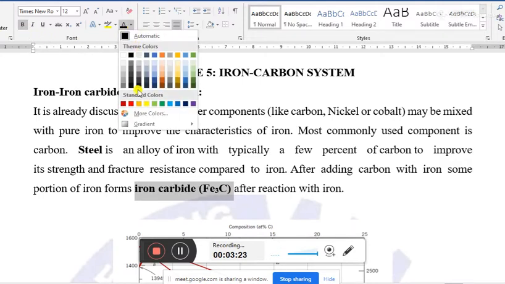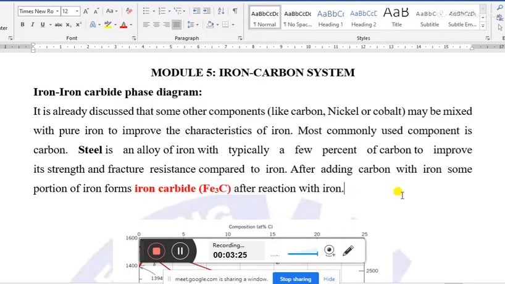This compound is the most important component that is present in the steel, and this iron carbide is not formed from 100% pure iron. That means there is some portion of pure iron and some portion of iron carbide, and that's why steel may be considered as an alloy of pure iron and iron carbide, and that's why we are studying the iron carbon system here.